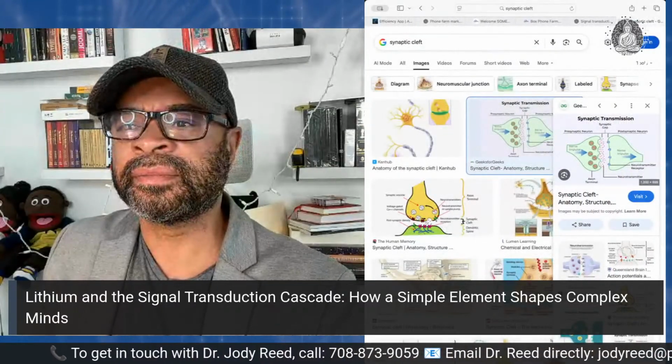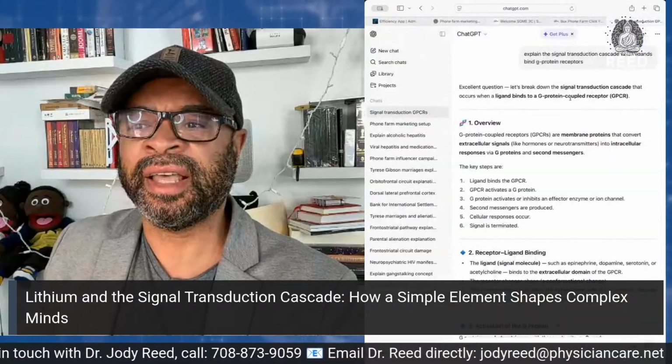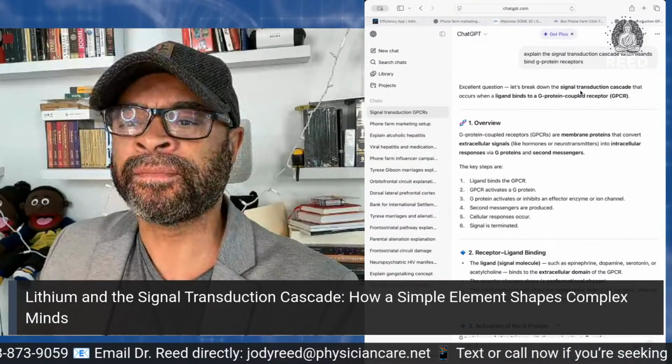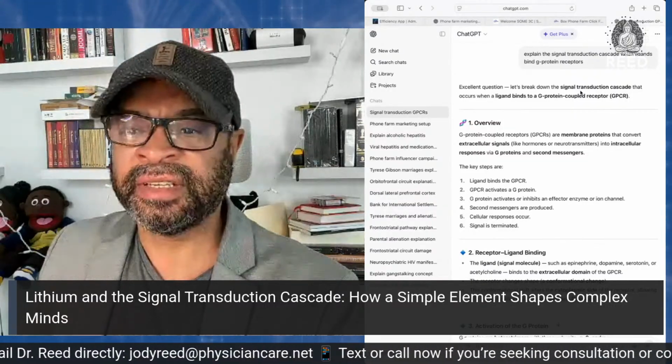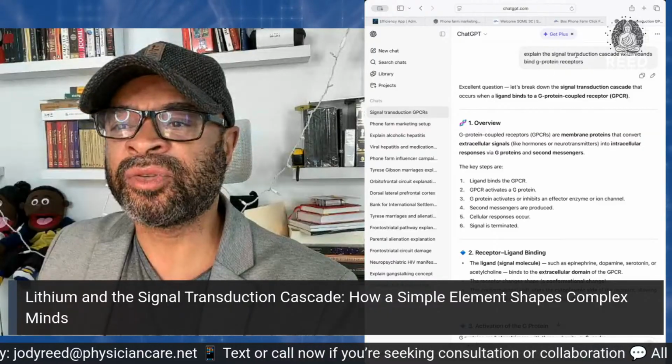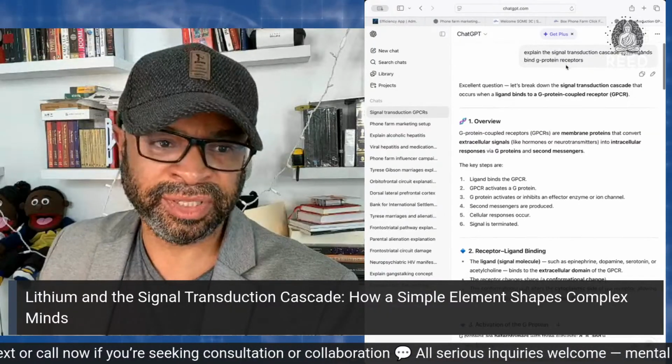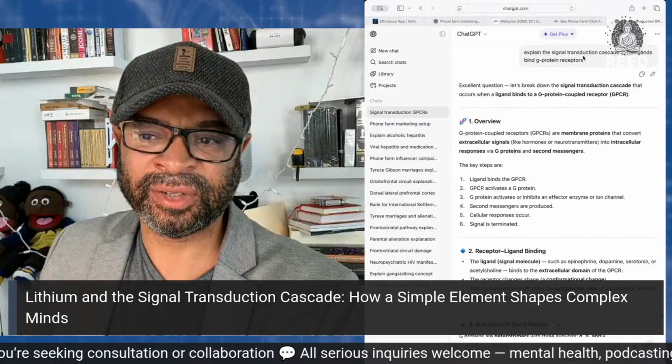I hope you got that. Okay. So let's look here. Explain the signal transduction cascade when ligands bind G protein receptors. Okay, here's the signal transduction cascade.